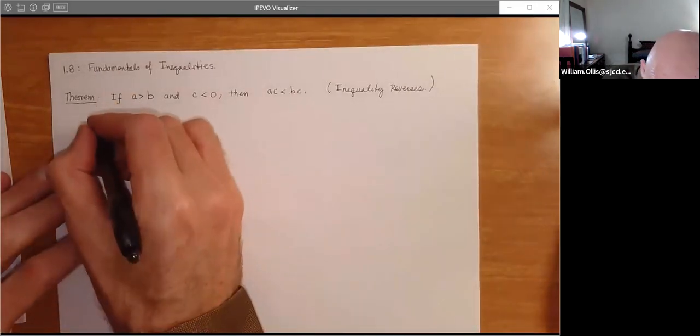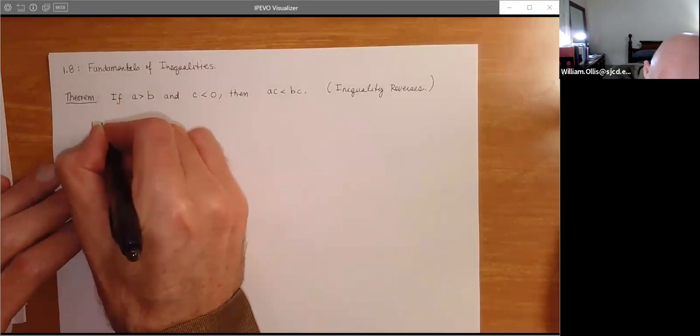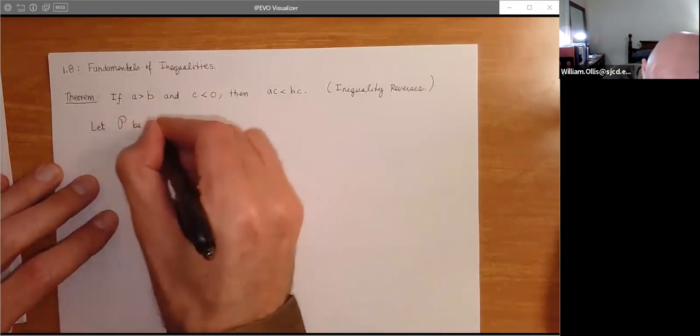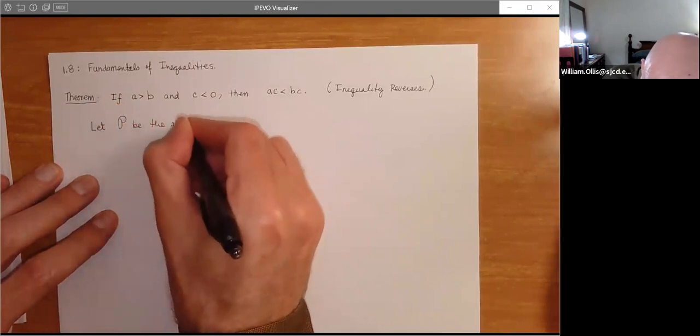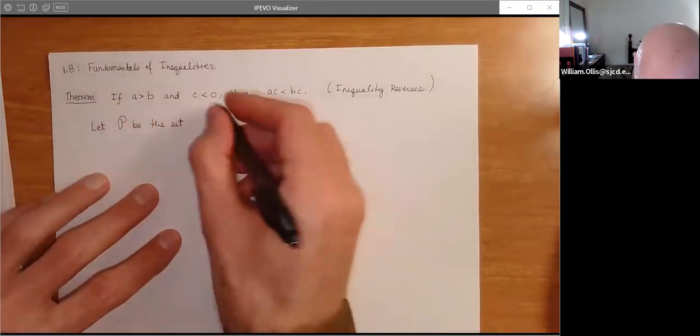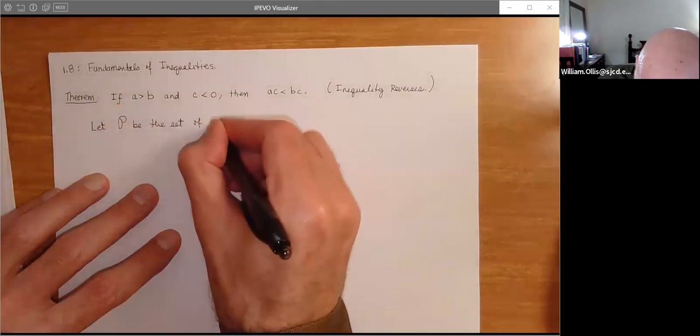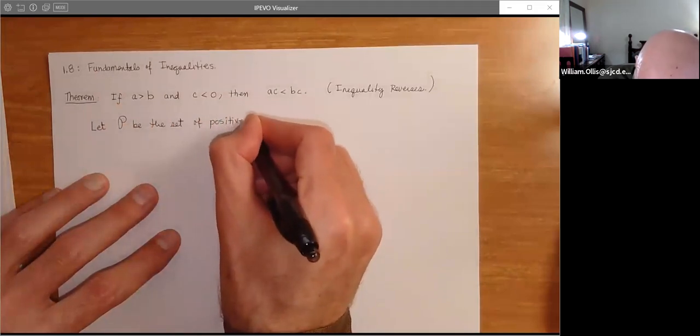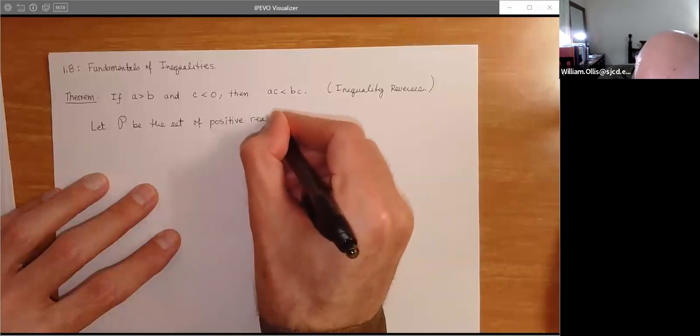So for instance, we can say let script P be the set, just to get you thinking about this, the set of positive real numbers.